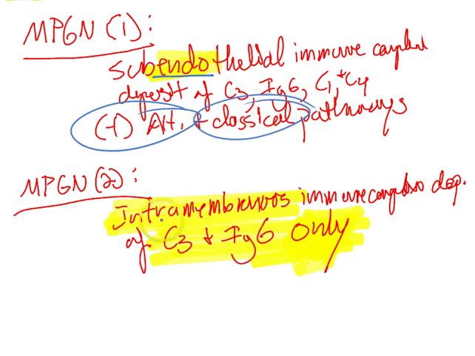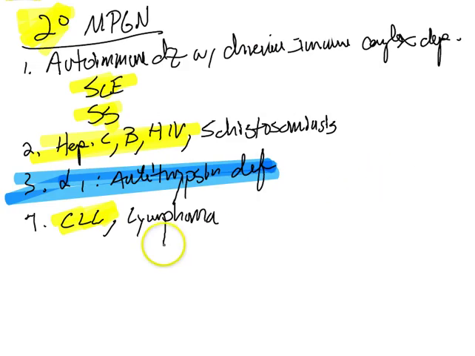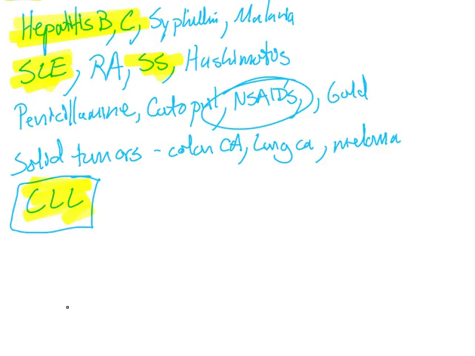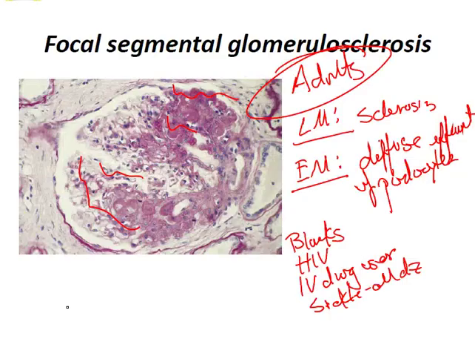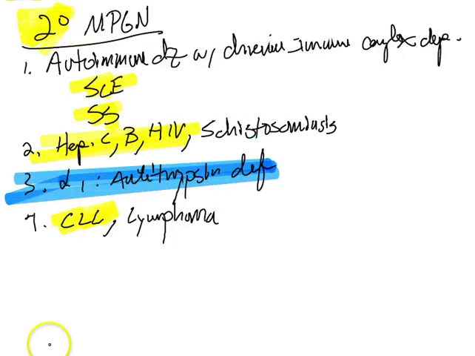But in type 2, it's intramembranous, and it's only C3 and IgG only. That's huge differences, guys. So hopefully that clears up nephrotic syndromes for you. I know those are very complicated, and it's a lot of information to learn. So hopefully, if you watch this a couple times, you should get those down.